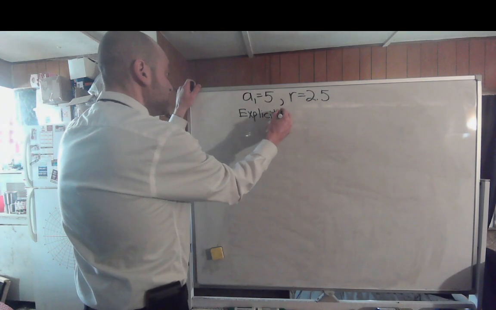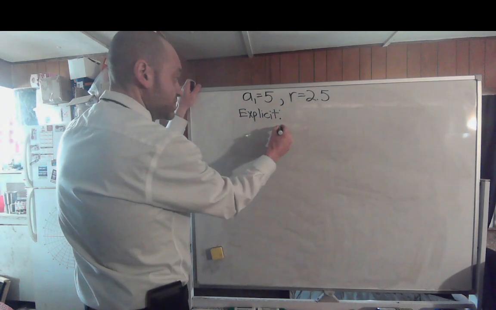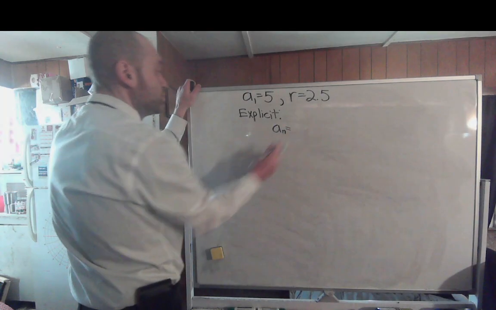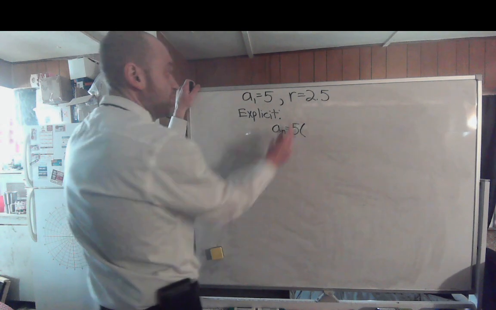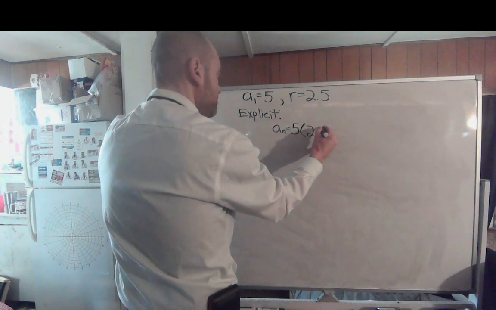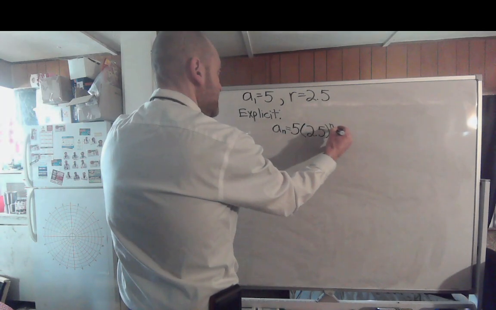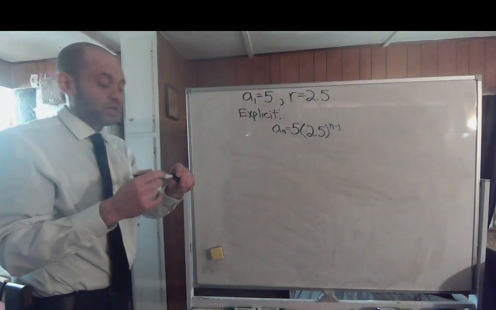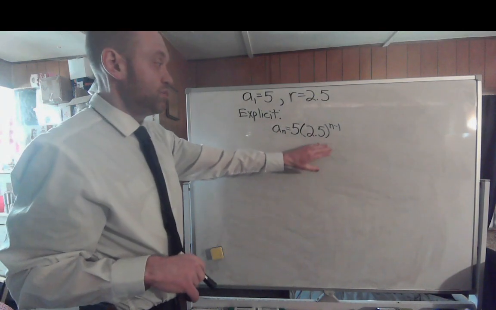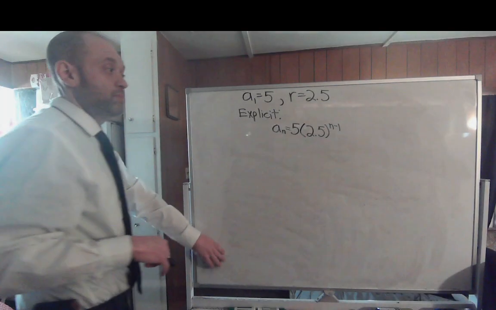The explicit formula, of course, for a geometric sequence is a sub n equals your a sub 1, in this case 5, times your common ratio r, which is 2.5, to the n minus 1 power. So a sub n would equal 5 times the quantity of 2.5 to the n minus 1 power.